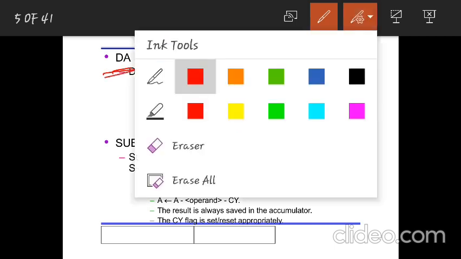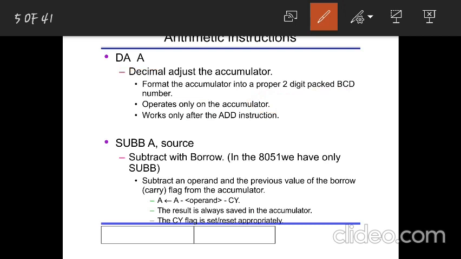Is that fine? Now what is the operation of this, what does it actually do? Whenever you add 2 numbers using the addition operation, let me show you.